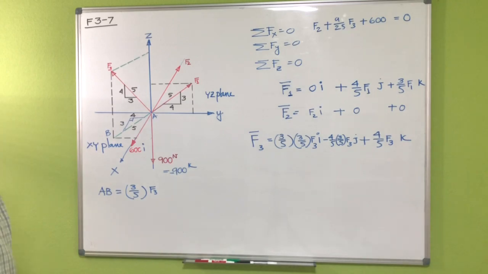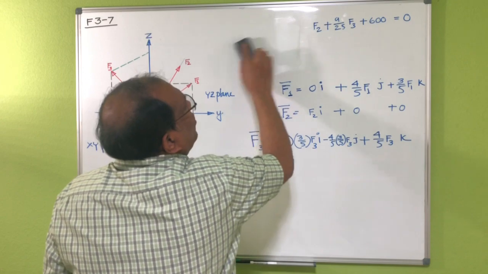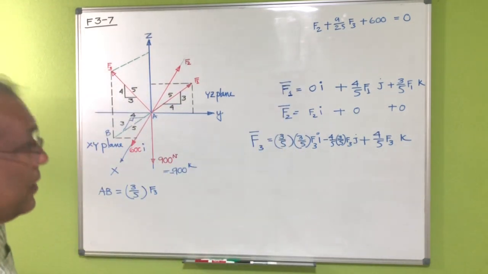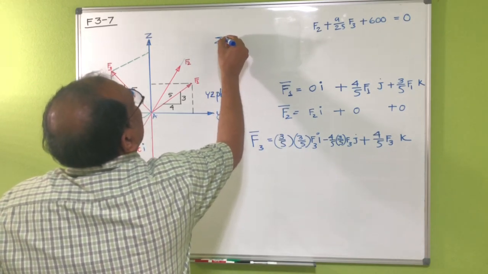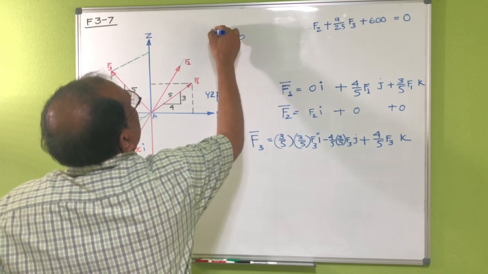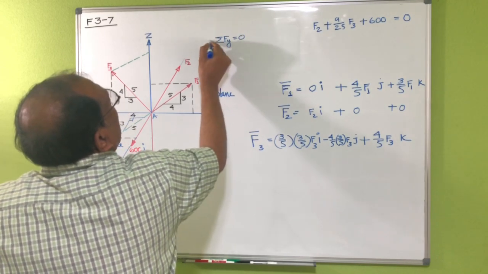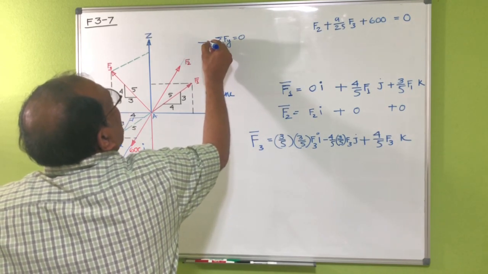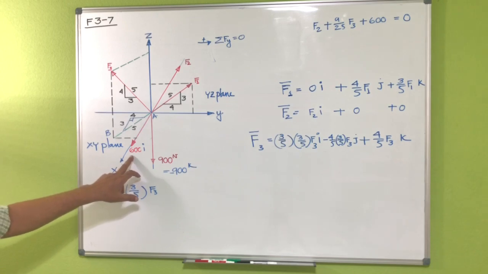Now let me make a little more space here. If I add the summation of Fy, you can see F2 doesn't have any component in the y direction because it is along the x-axis.